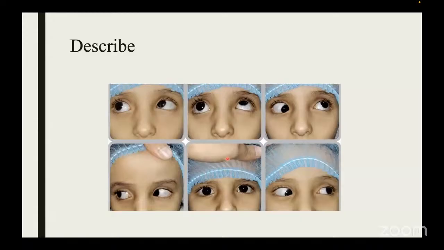Where? There is no overaction in lateral. The elevation in the primary gaze, here you have limitation of elevation in the right eye as well.